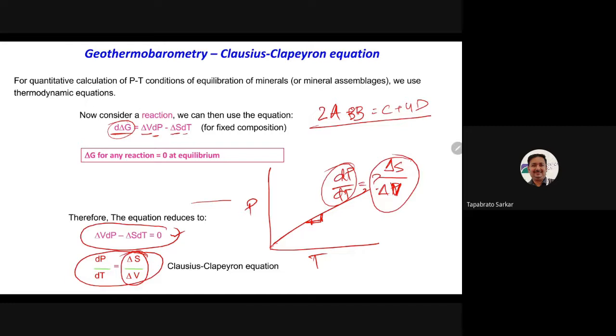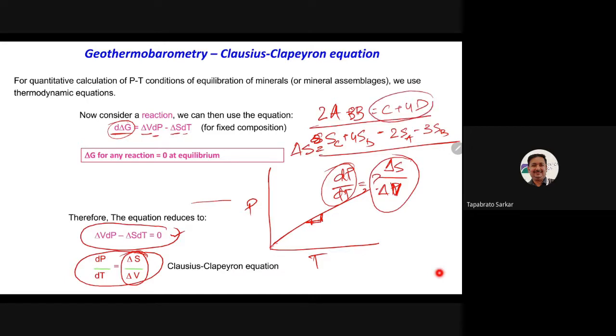Change in entropy is the summation of the entropy of C plus 4 into entropy of D, minus 2 into entropy of A minus 3 into entropy of B. So this will give you del S, and similarly del V.